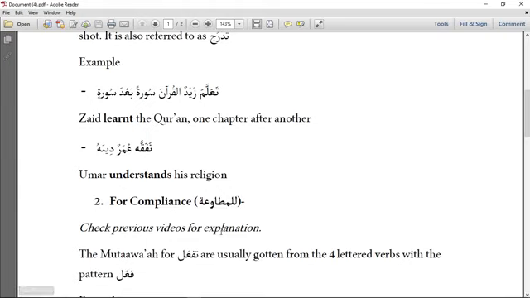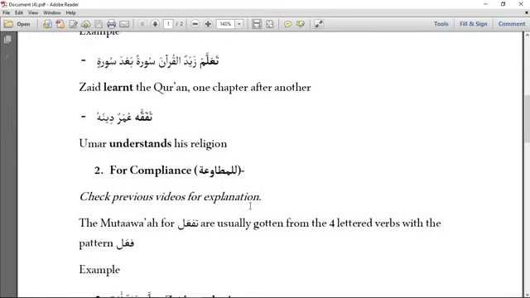We have discussed mutawa'a twice in this class, so you can refer to the previous videos for the explanation on mutawa'a. So tafa'ala is usually used for mutawa'a, and their mutawa'a is gotten from the 4-lettered verb fa'ala. So the fa'ala is converted to the mutawa'a tafa'ala.